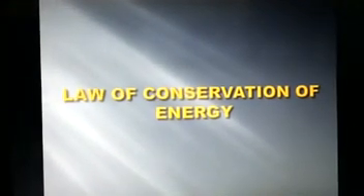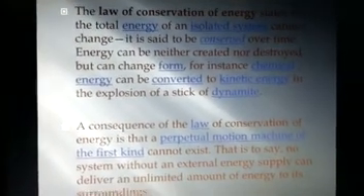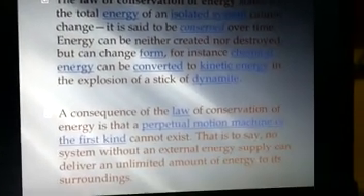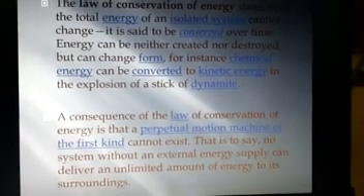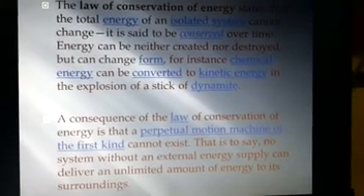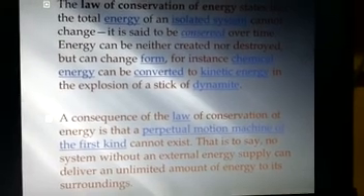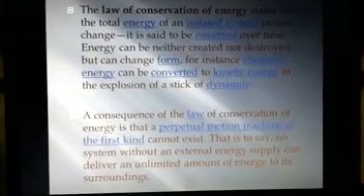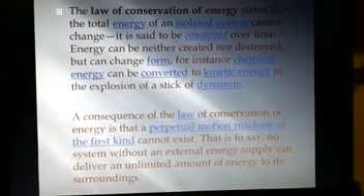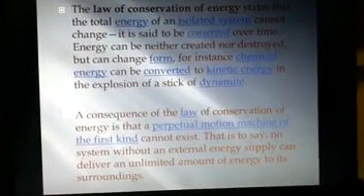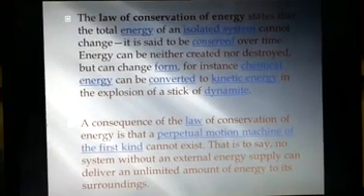Now let's have the law of conservation of energy. The law of conservation of energy states that the total energy of an isolated system cannot change. It is said to be conserved over time. Energy can be neither created nor destroyed, but can change form. For instance, chemical energy can be converted to kinetic energy in the explosion of a stick of dynamite.